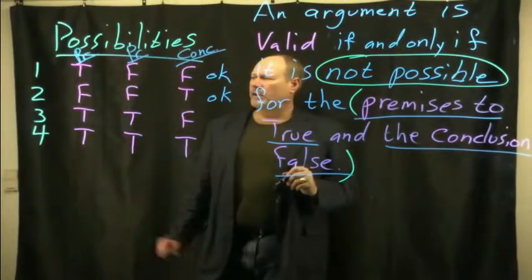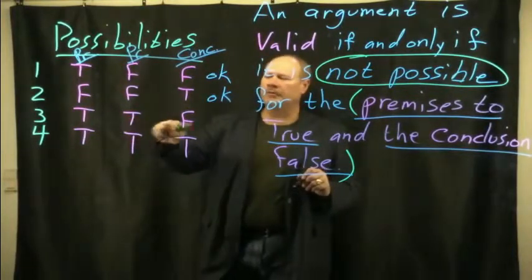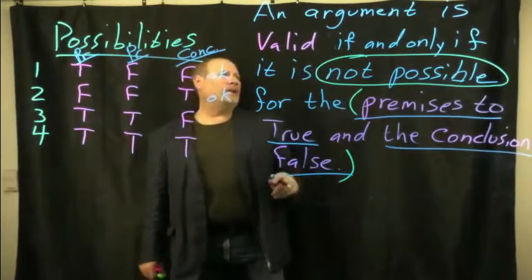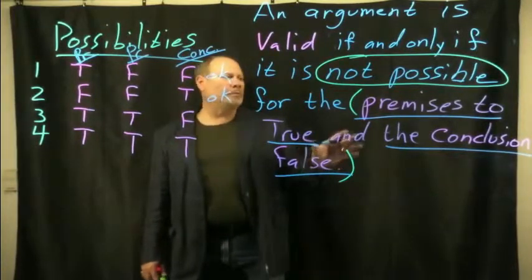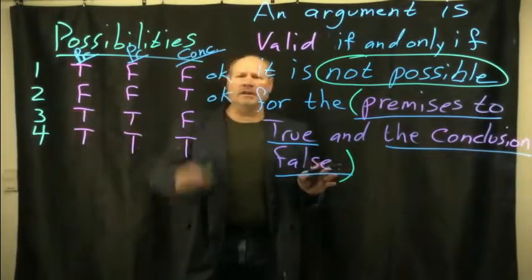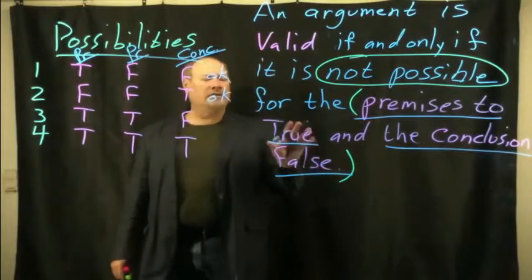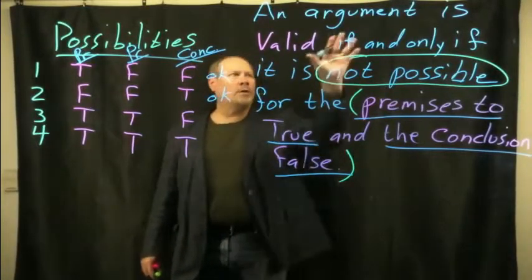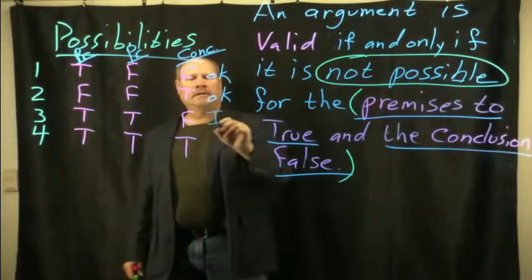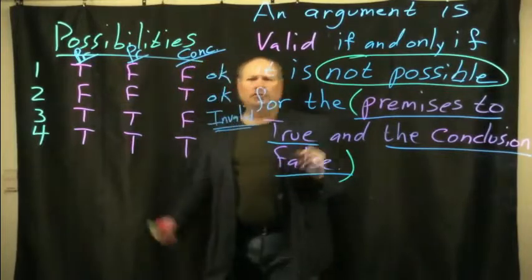So, what do we determine from a possibility in which we have true premises and a false conclusion? Read back to our definition of validity. An argument is valid if and only if it is not possible for the premises to be true and the conclusion false. In this case, there obviously is a possibility in which the premises are true and the conclusion false. Therefore, we draw the conclusion, according to our definition and our list of possibilities, that this argument is invalid.